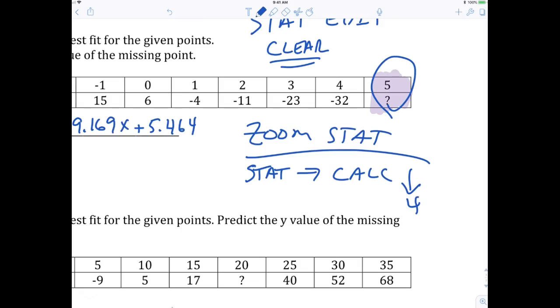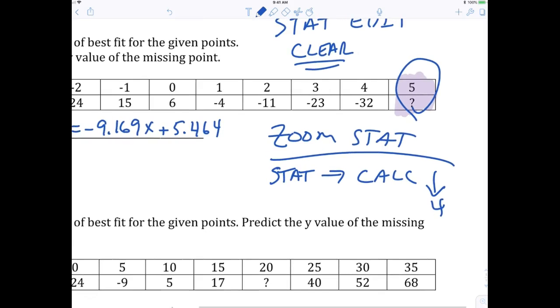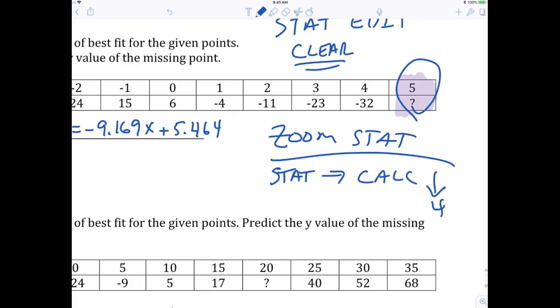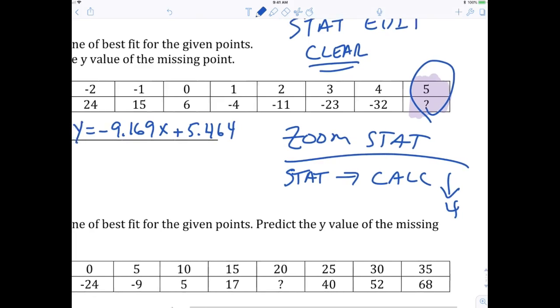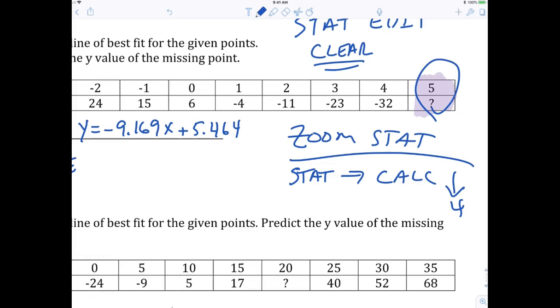Before that, you have to type the equation in: y equals negative 9.169x plus 5.464. Type that in under y equals.